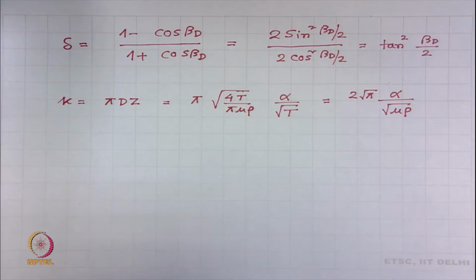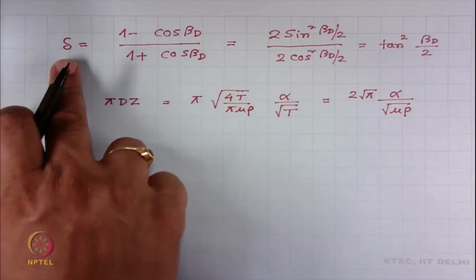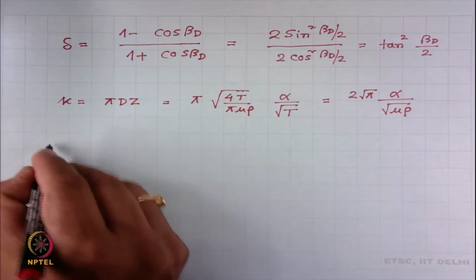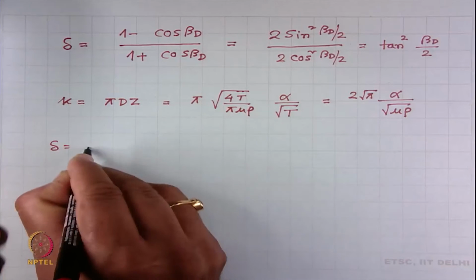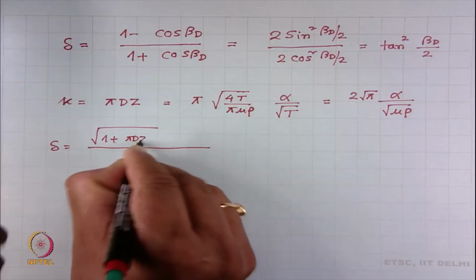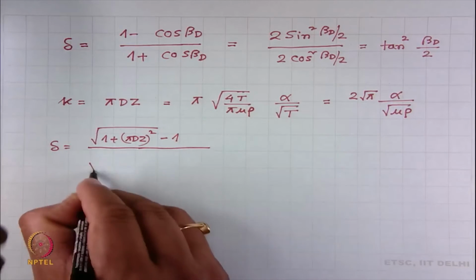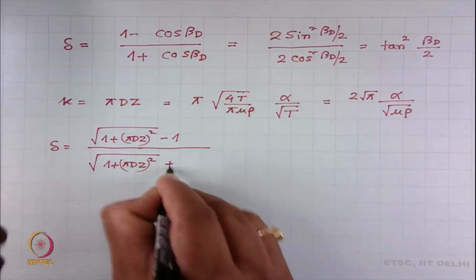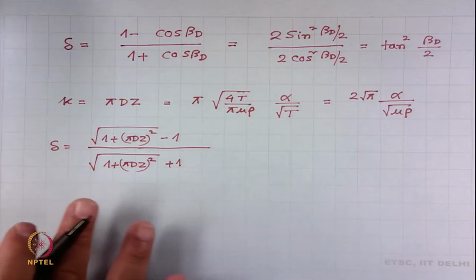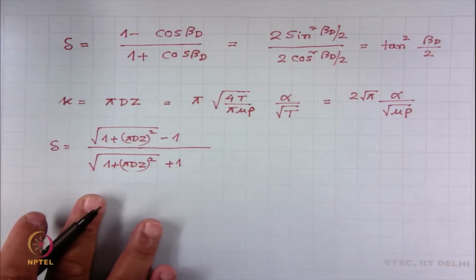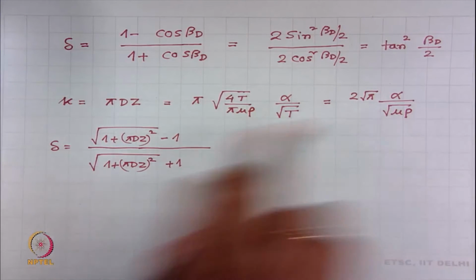So, this is another expression for kappa. Now, we will substitute this expression into the expression of yarn retraction. You remember we already derived this expression: 1 plus pi d z squared minus 1 by 1 plus pi d z squared plus 1. So, this is our starting expression to derive a condition for the limit of twisting. We substitute kappa, pi d z, from here to here.